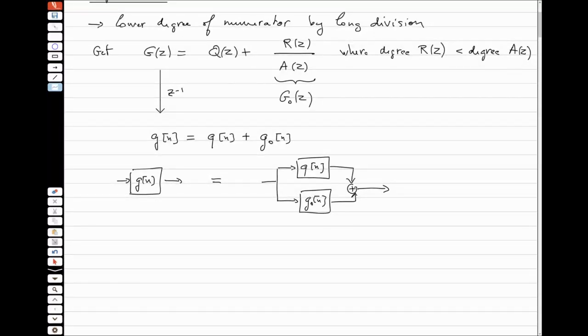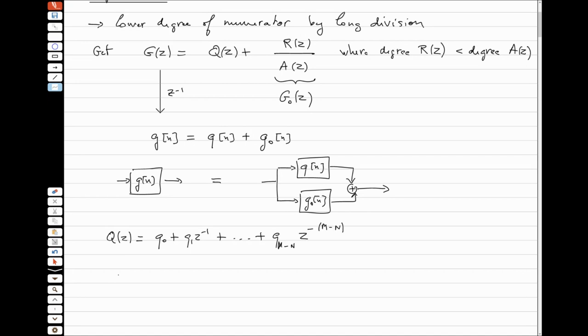Now q of z, we saw that q of z was of that form of a polynomial, so q naught plus q1 z inverse plus q m minus n z to the minus (m minus n).